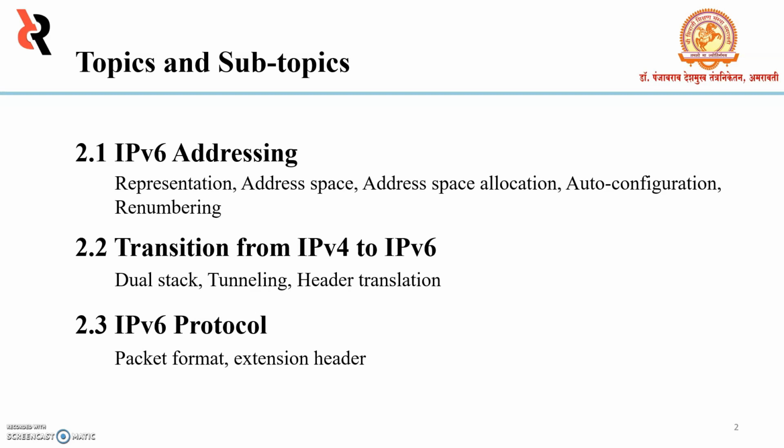The second point is transition from IP version 4 to IP version 6. Under this topic, we will discuss dual stack tunneling, header translation. And third topic is IPv6 protocol. Under this topic, we will discuss the two different subtopics: packet format and extension header.